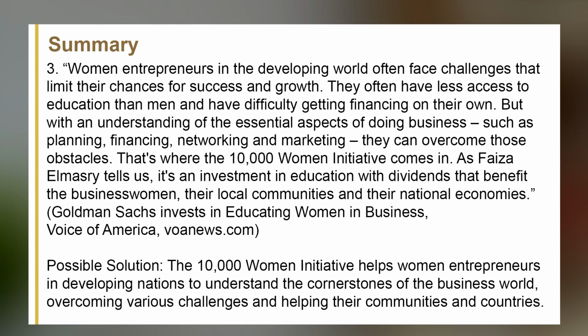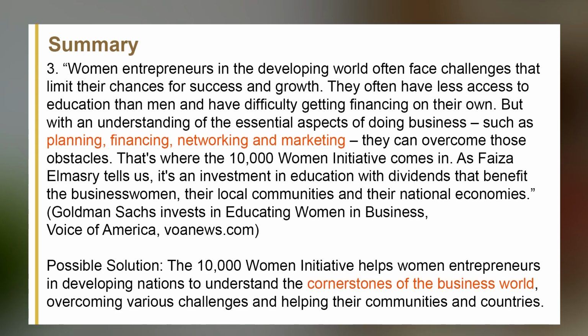The reader also uses paraphrasing and condensing techniques very effectively to convey the main idea. For example, the writer uses "cornerstones of the business world" to refer to planning, financing, networking, and marketing, which is there in the original text.